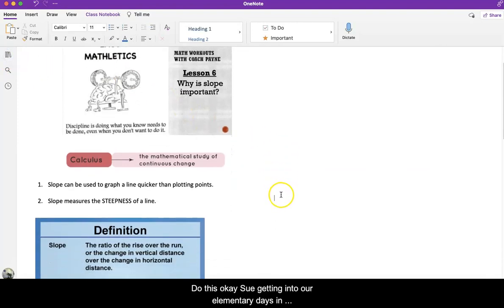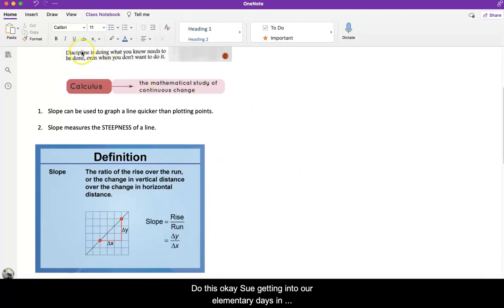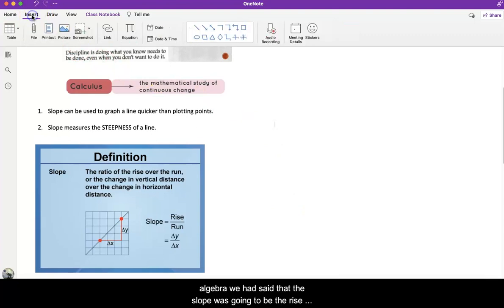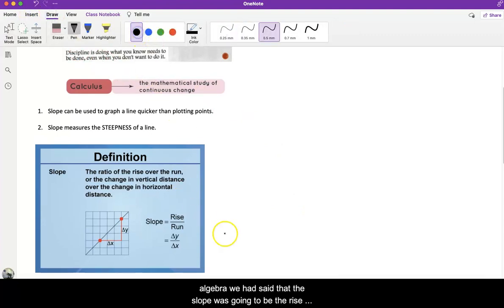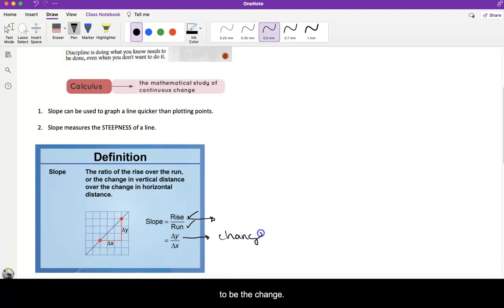Getting into our elementary days in algebra, we had said that the slope was going to be the rise over the run. However, this limited our deeper understanding of what slope really meant. What we want to illustrate is that this numerator represents delta y, which indicates the change in the y values.